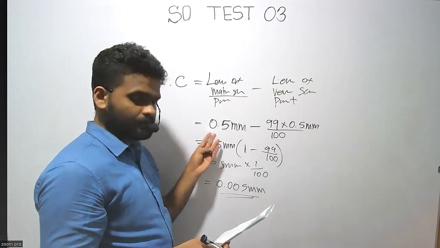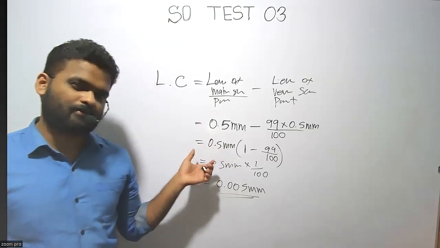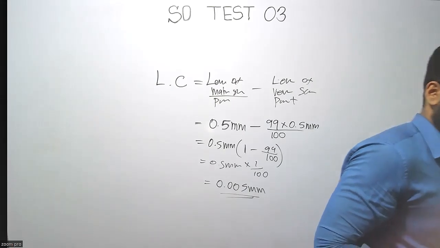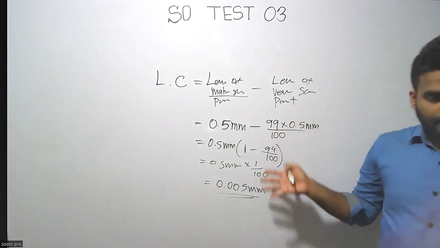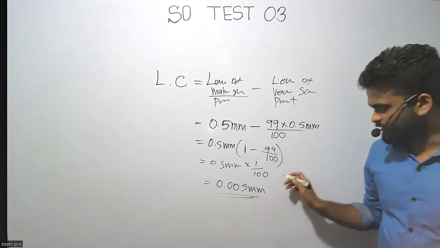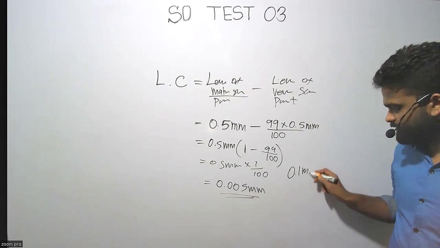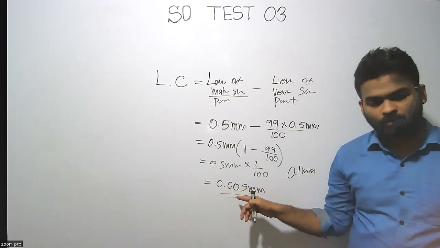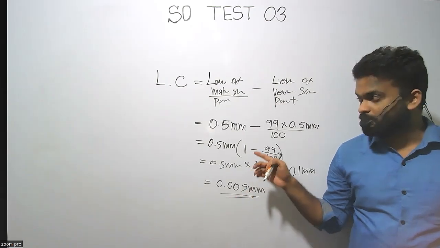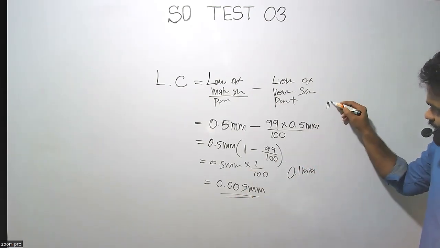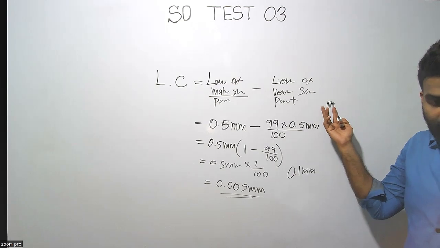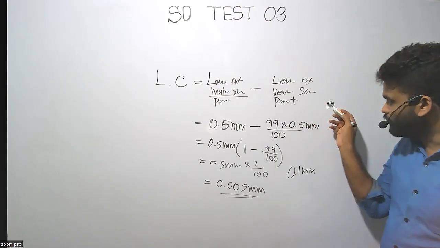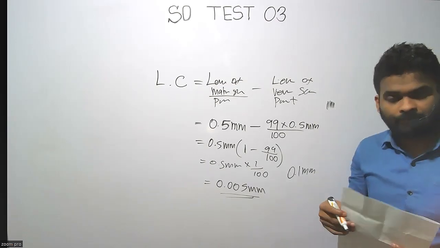This kind of a vernier scale is not available in your school's lab. In the school lab, least count is 0.1 millimeter, right? So as you can see here, this one is very small. Since these parts are very closely packed together, like there are 99 parts divided into 100 parts, you cannot see the gaps here.